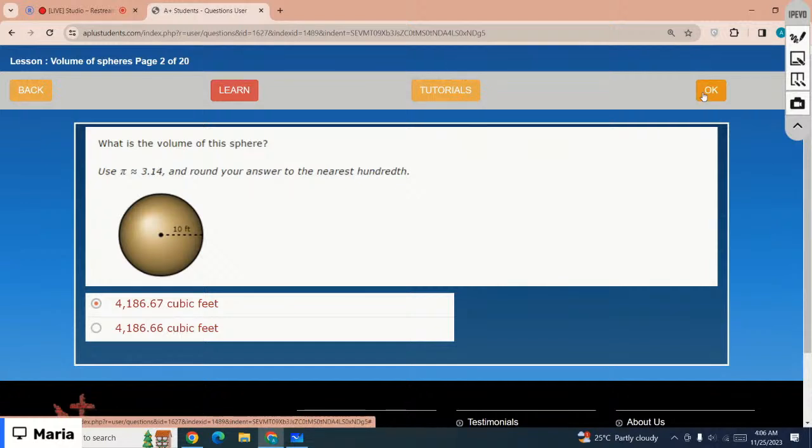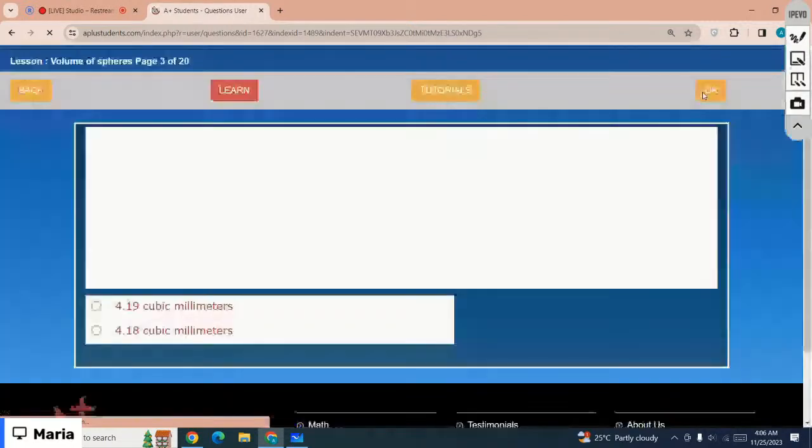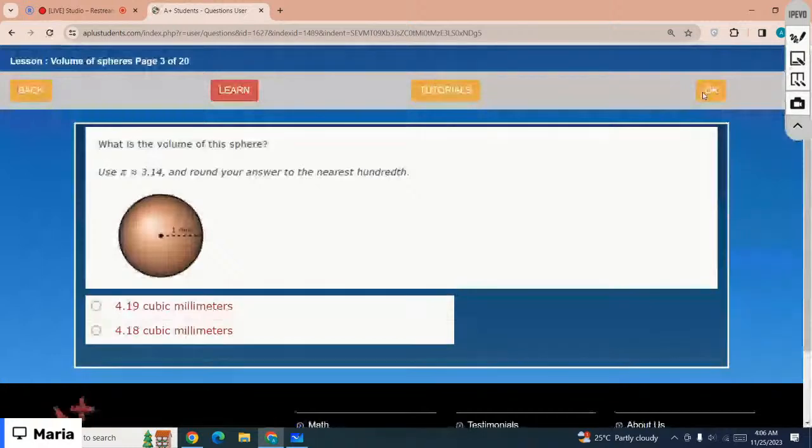Okay, the next one is, what is the volume of the sphere, which is the correct option? Just use the formula, that is V equals 4 by 3 pi r cube, and do the calculations, right? You are given the radius equals 1.